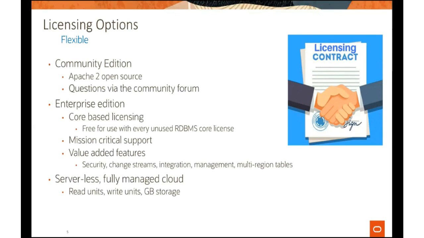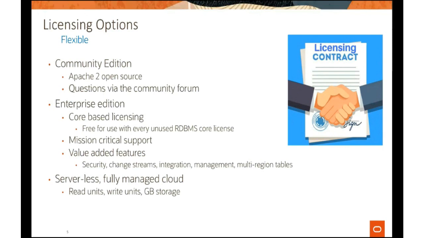There is integration on the management side with Oracle Enterprise Manager. And then there's this thing called multi-region tables, which do active disaster recovery across multiple geographically distributed regions, and we will keep your table in sync bidirectionally across these multiple regions.